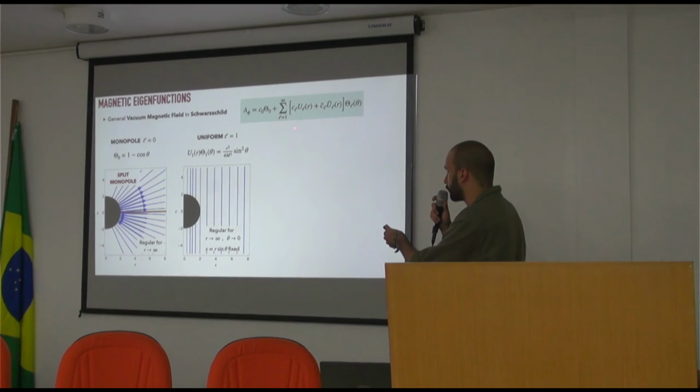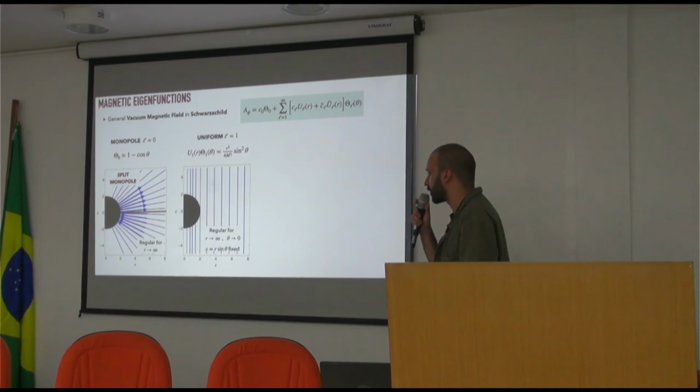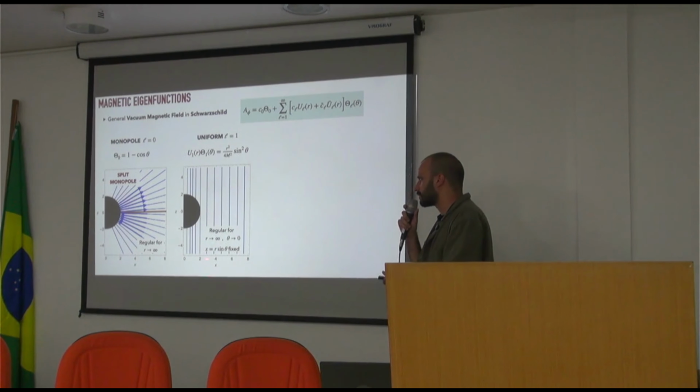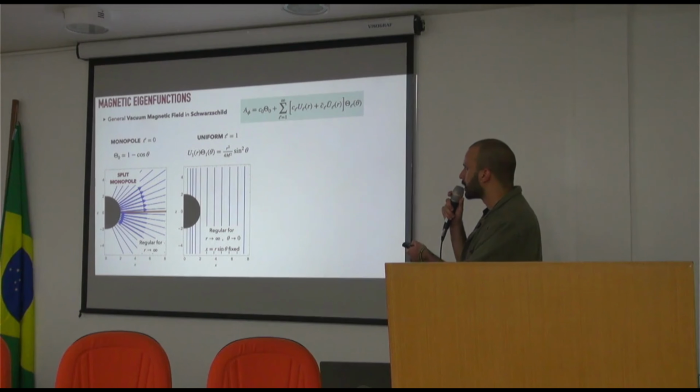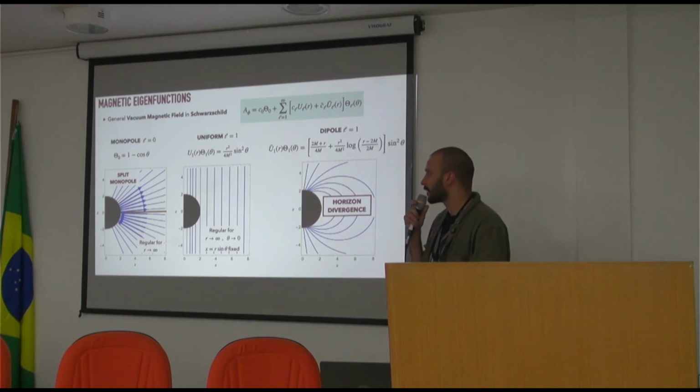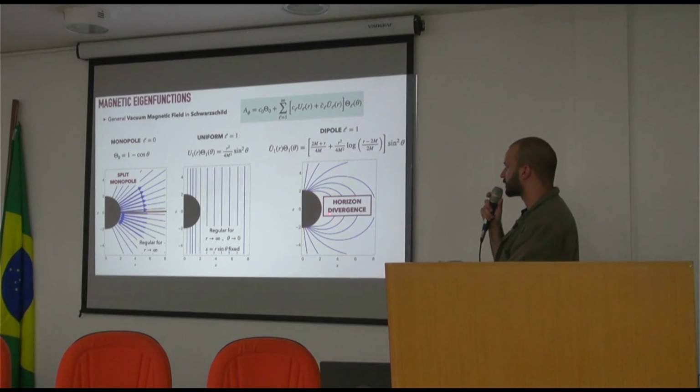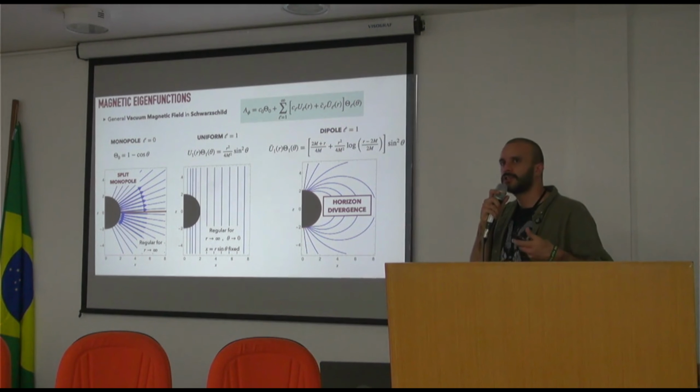I recall that we are making a decomposition in harmonics here. This harmonic represents a uniform magnetic field. Then, what do we have if we consider the same harmonic, but instead of using U, we use U bar? What we have is a dipole field, which, I mean, it's a great field, right?